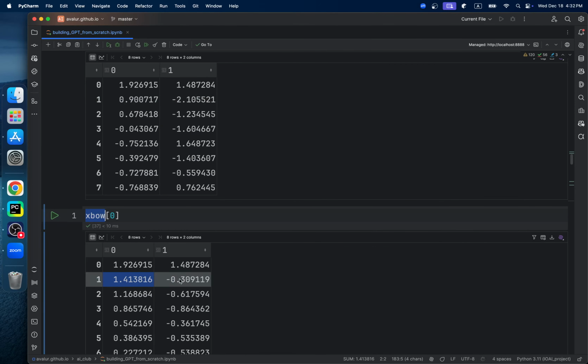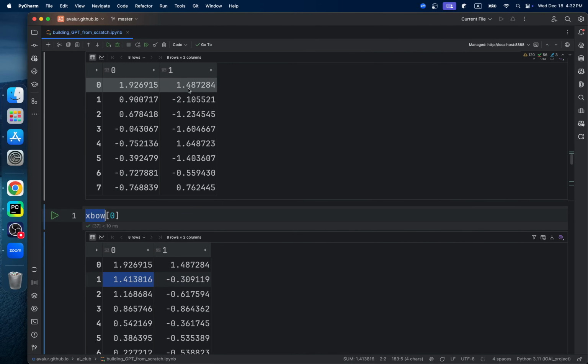And here, what is it? It's simply the mean, the average of the first two components divided by 2, because we add 1.9 and 0.9, and then divide by 2, and the result is about 1.4. And the same for the second component.